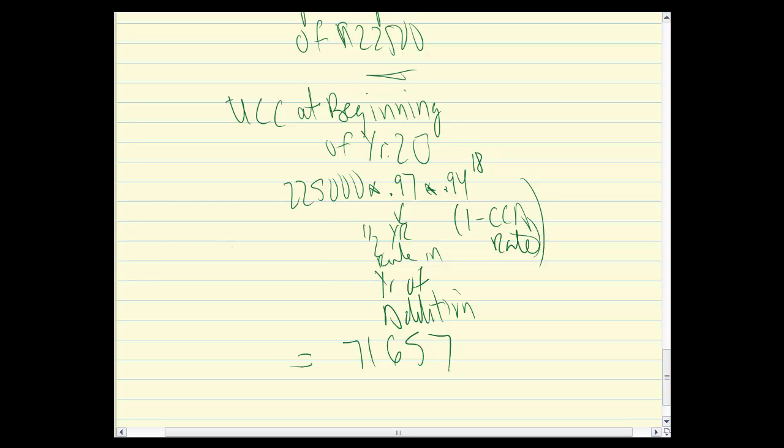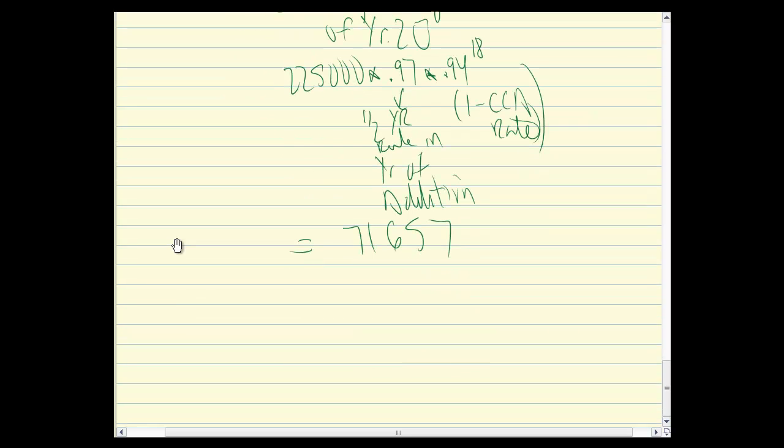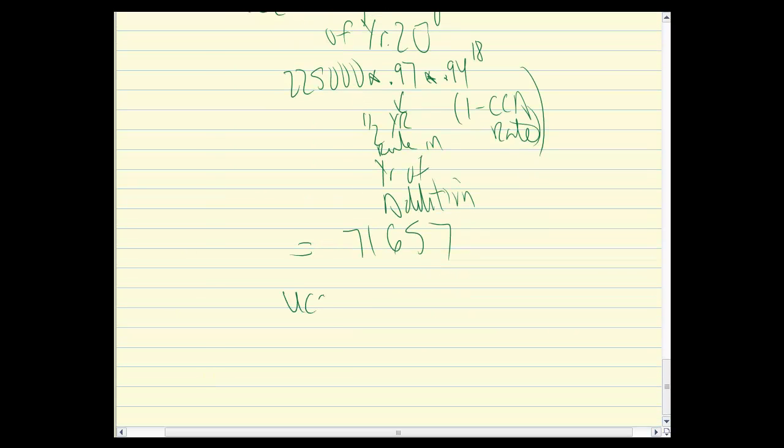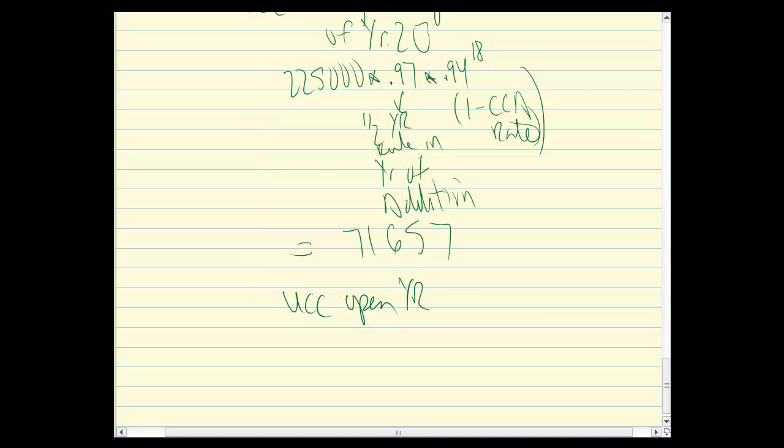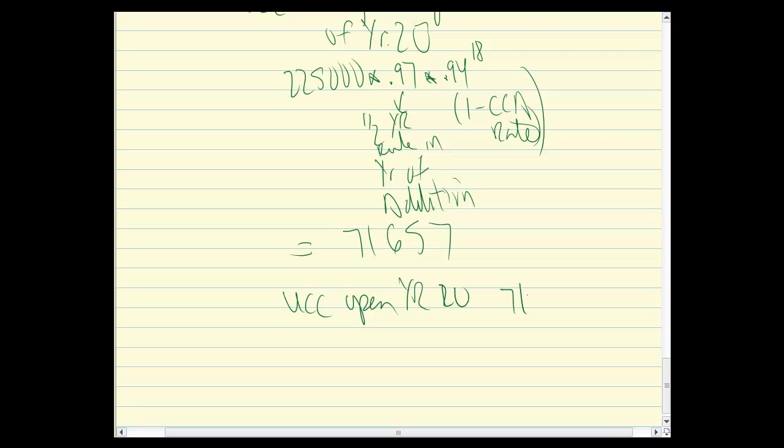What do we do with that? Allison? You subtract the proceeds when you sell it. Year 20 is 71,657 less the lower of cost, which was how much?